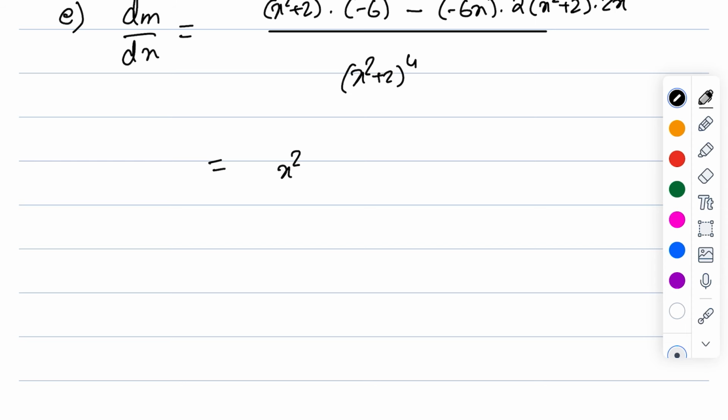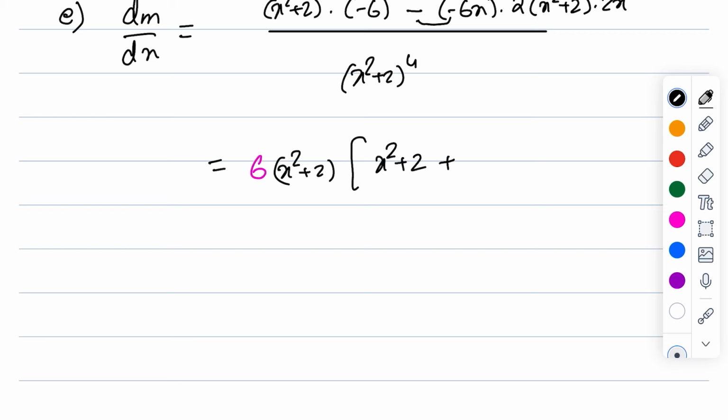Now I take x square plus 2 common, because there is x square plus 2 over here and x square plus 2 over here, and 6 over here, 6 over here common. 6 times x square plus 2 common. So what am I left over with? One more x square plus 2, then minus times minus is plus.